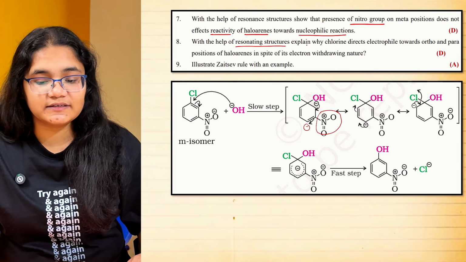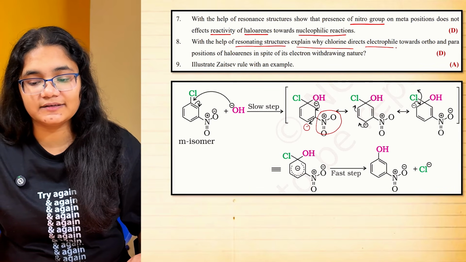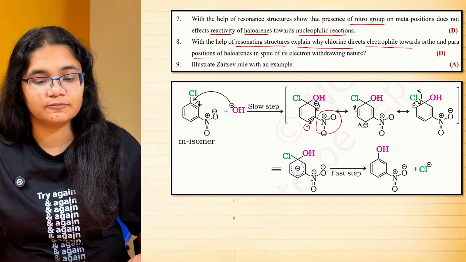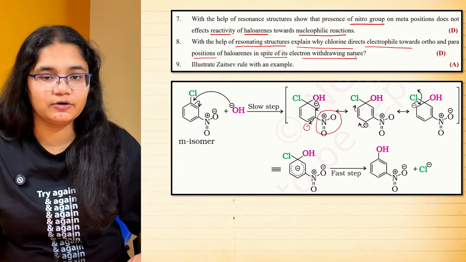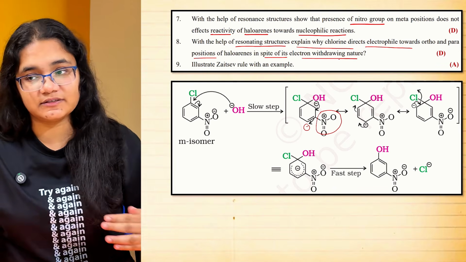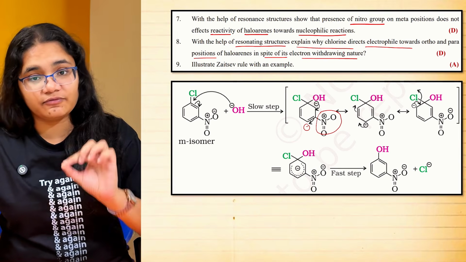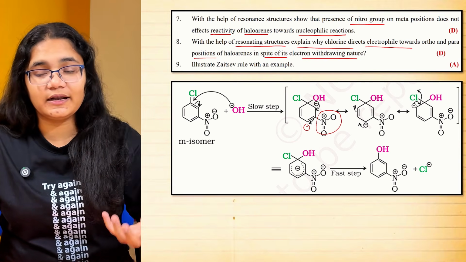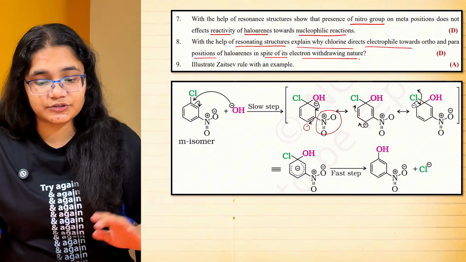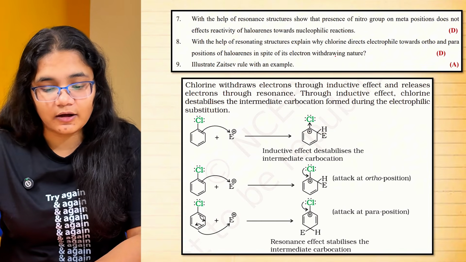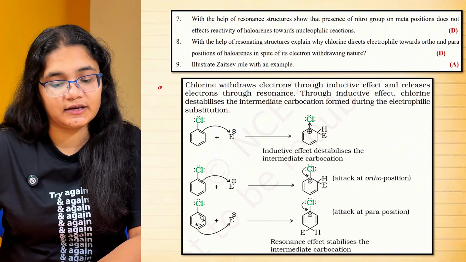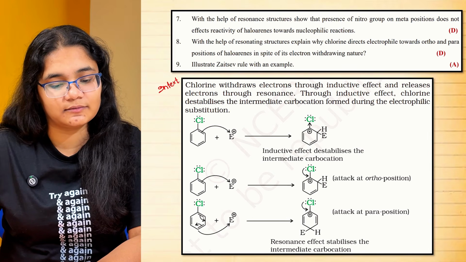Next, with the help of resonating structures, explain why chlorine directs the electrophile towards ortho and para position in spite of being of electron withdrawing nature. So this we have already explained once, because chlorine has lone pairs of electrons, it can donate to the ortho and para position, but you have to show using the resonating structure. This question is there in your in-text question, so that is why this becomes important.